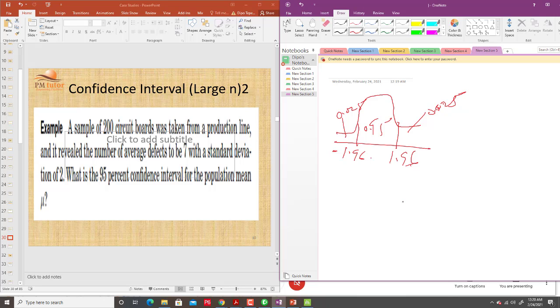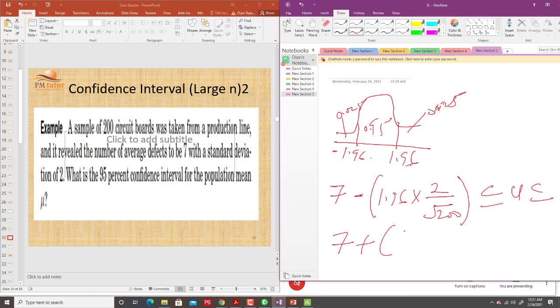Once I know that, the next thing is I just need to fix it. X bar here is 7. So 7 minus 1.96 multiplied by sigma, which is 2, all over square root of 200, less than or equal to mu, less than or equal to 7 plus 1.96 times 2 over square root of 200.